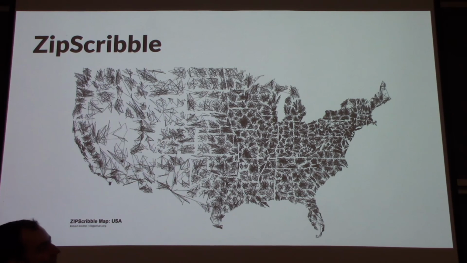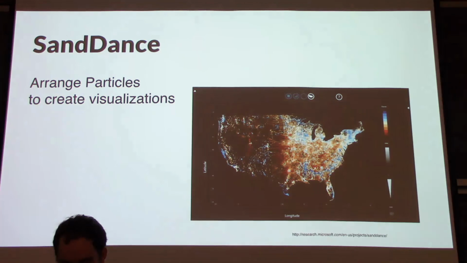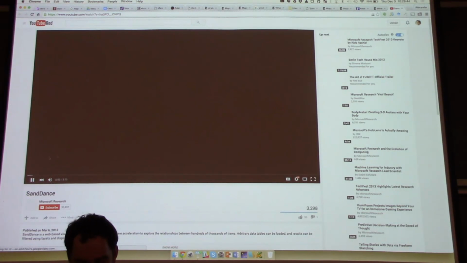These are essentially the zip codes in the United States connected from the lowest to the highest in one long line towards the center. So you can see how the zip codes are distributed, and you can see the states pretty well. I'm going to skip this. I'm just going to show you this last video for today about Sand Dance.